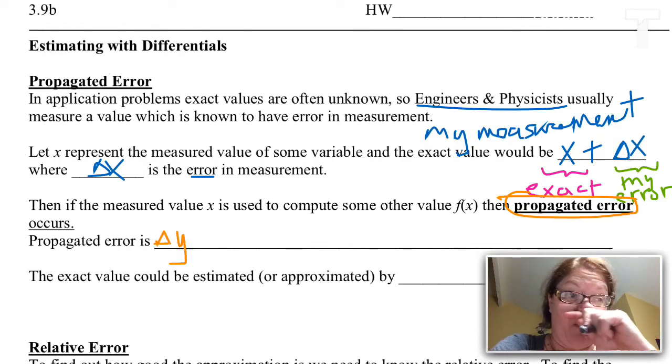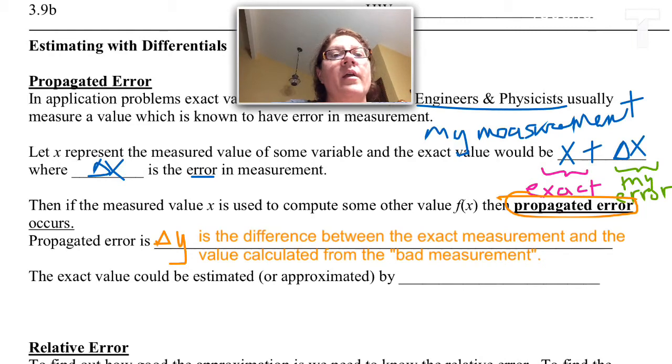So the amount that my new value y is off. This error is the value between the exact measurement, the one I should have gotten, and the one that I calculated from using my bad measurement to start with.